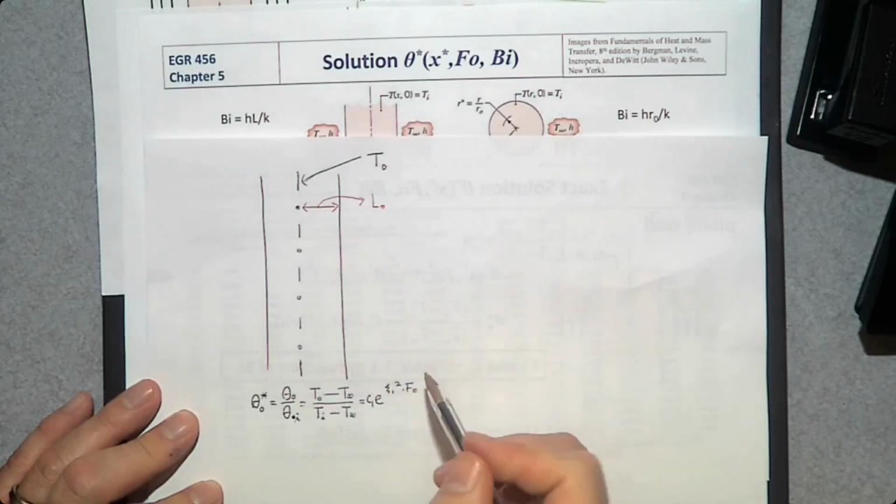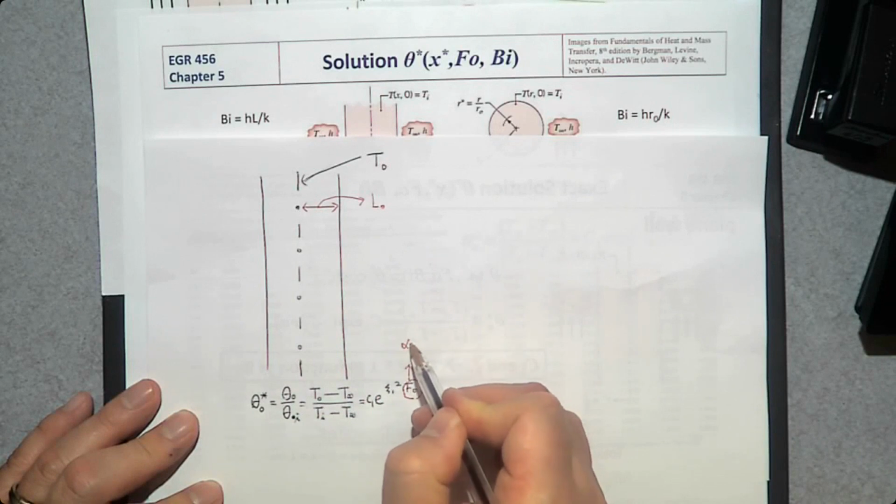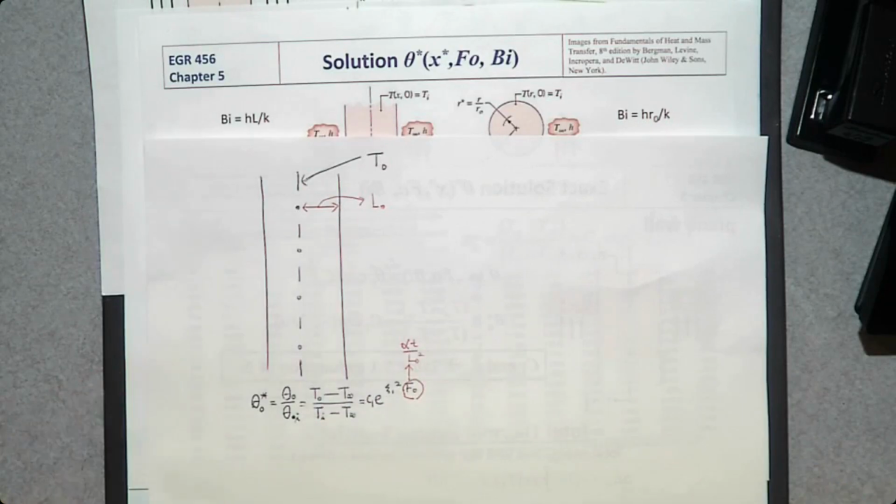By the way, this Fourier number is alpha t over characteristic length squared.